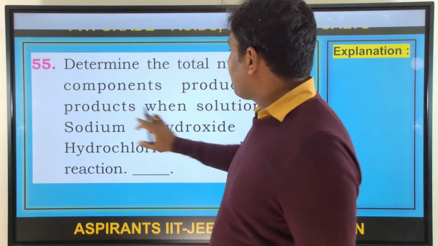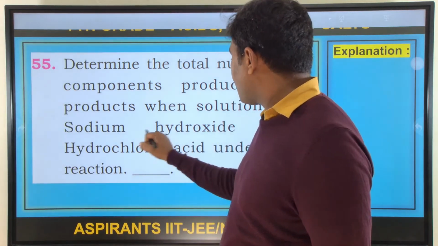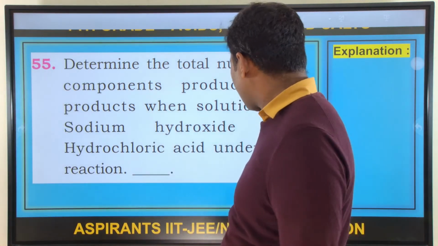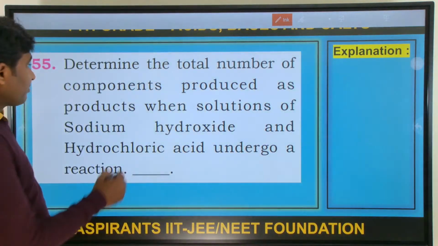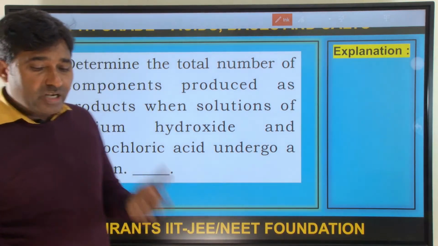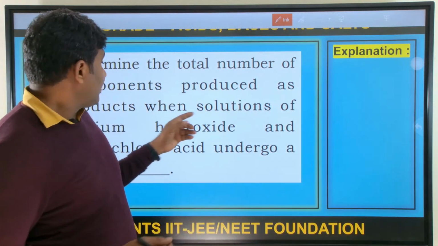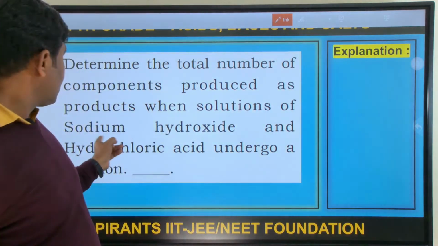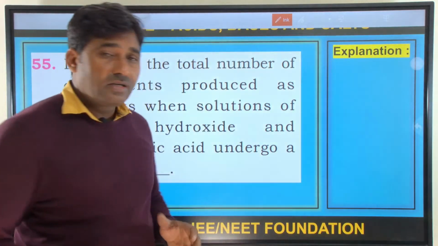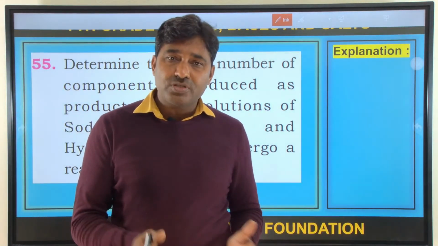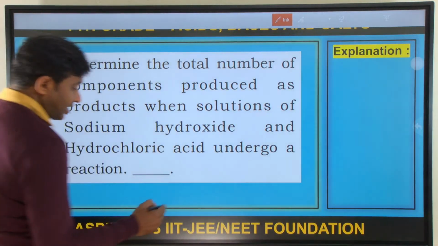Determine the total number of components produced as products when a solution of sodium hydroxide and hydrochloric acid undergo a reaction. That means how many products are produced when sodium hydroxide is treated with hydrochloric acid? Now we see the reaction.